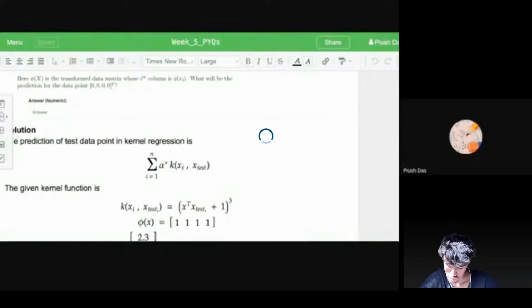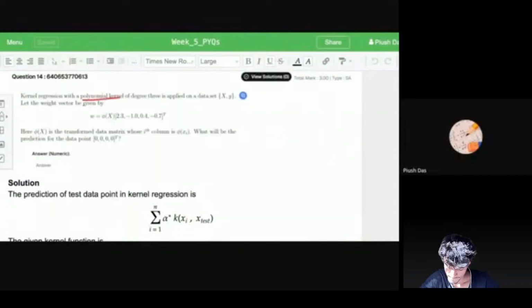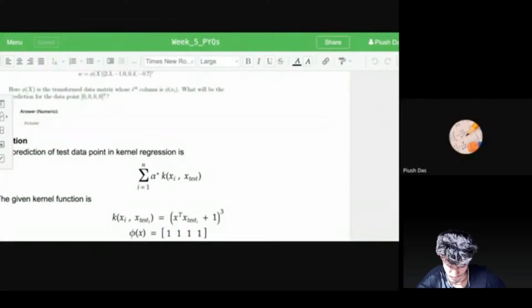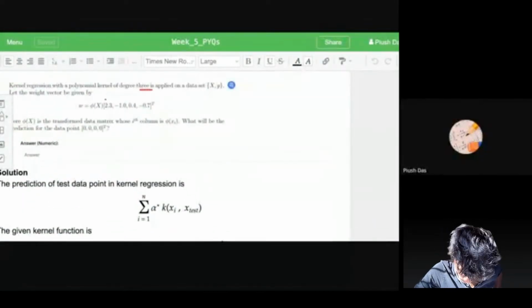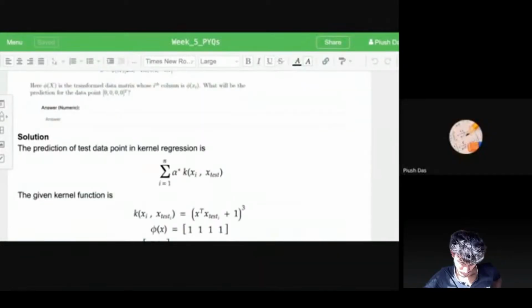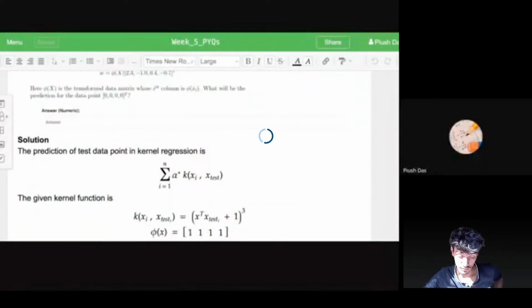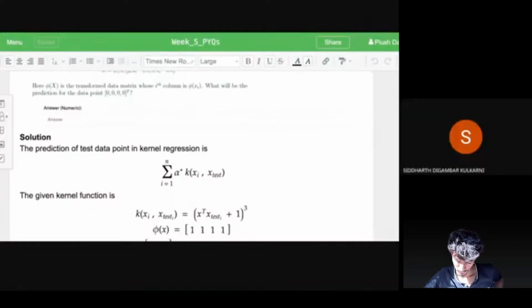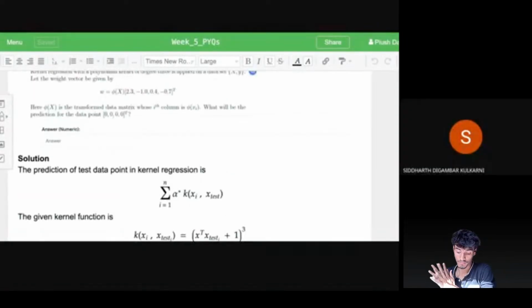We are just given the degree 3. Yes, a polynomial kernel of degree 3, and we know the polynomial kernel is of the form x transpose x plus 1 to the power p, and here p is mentioned as 3. This is taught in week 2, right? So if the data point was not 0, 0, 0, 0, then we would require that x also to calculate the kernel.